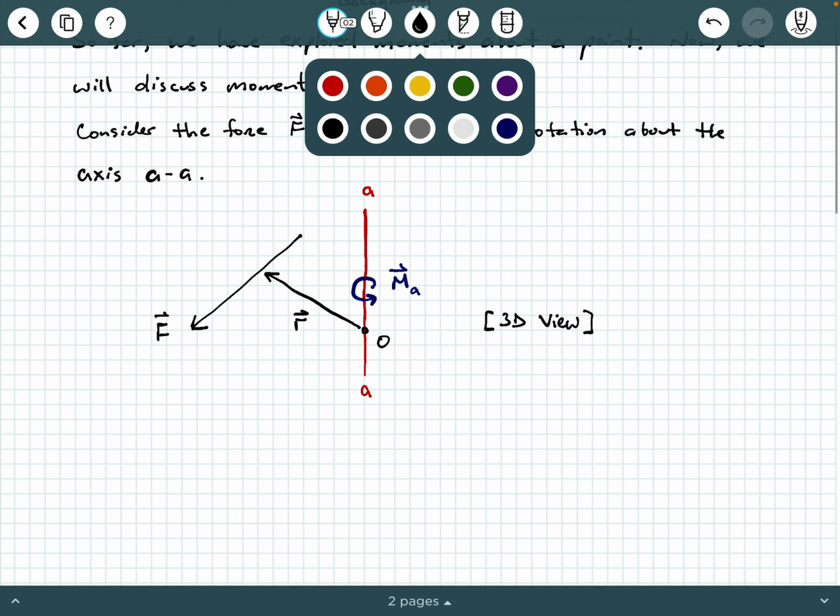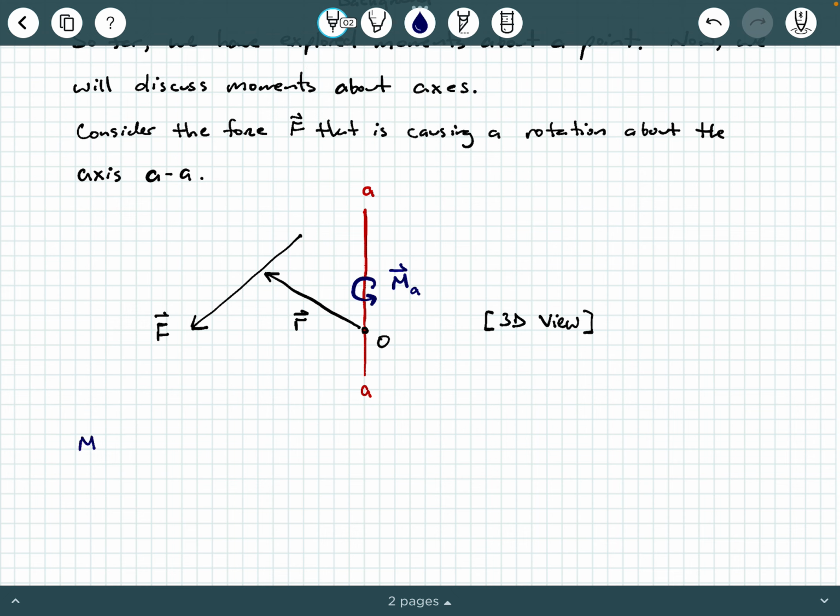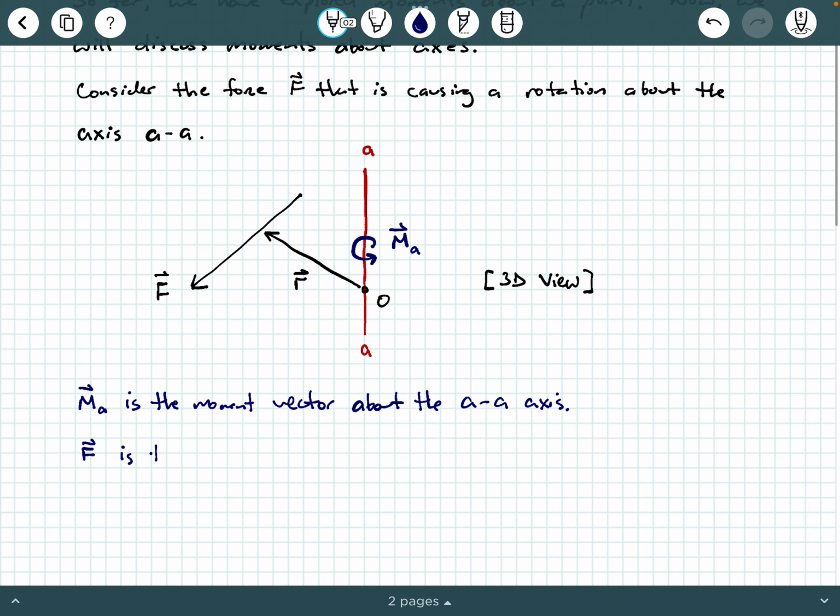Well, as I've kind of drawn in the picture, M sub A is the moment vector about the AA axis, okay? F is the force vector causing M sub A.